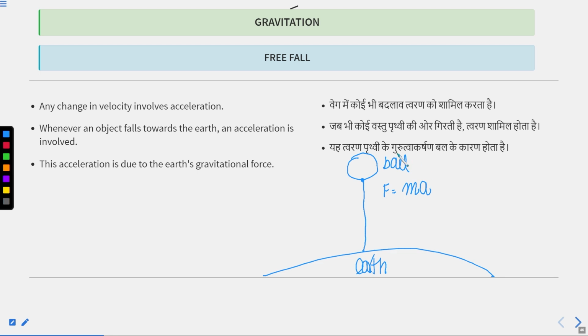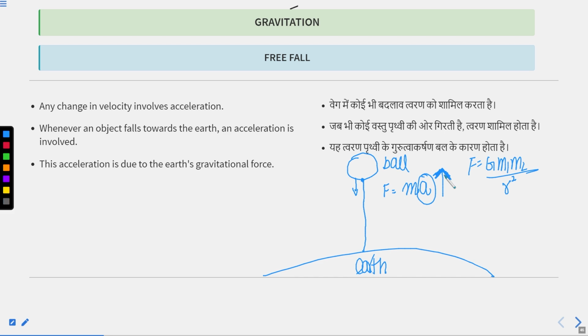As this object is falling towards the Earth, the distance between this object and Earth is decreasing. And we know that force is G m1 m2 divided by r square. If distance decreases, force increases, and if force increases, then acceleration will increase. Clear, class? Acceleration will increase, then there is a change in velocity.